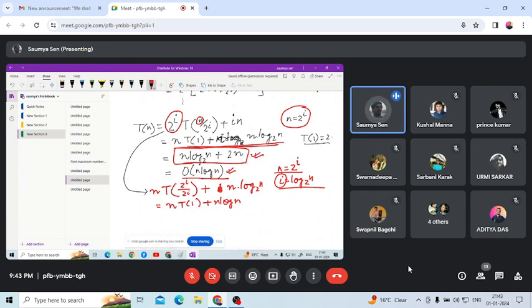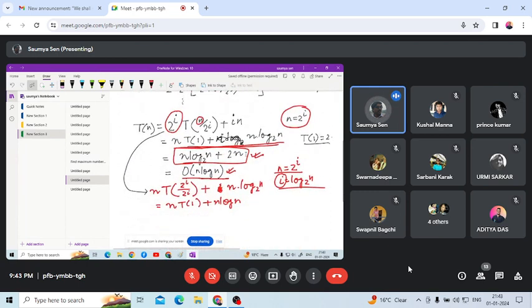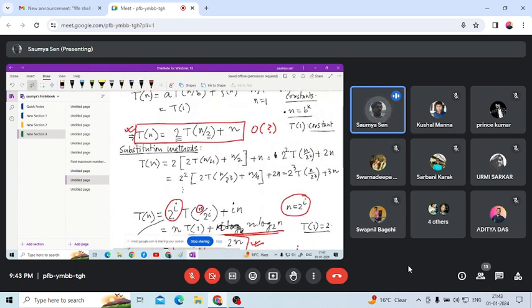So from this recurrence equation, you generate this equation by a method. There are many other methods, like the recursion tree, Master's theorem, lots of methods are there. So we will try to give another example to make the thing more clear.